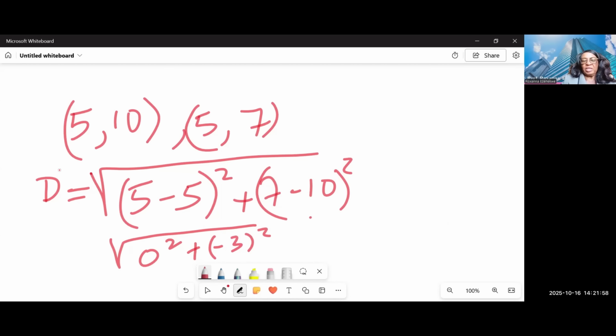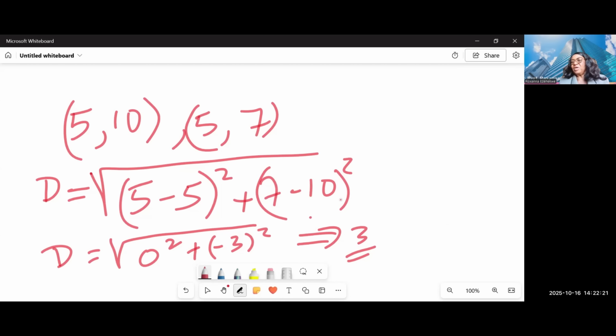That gives me the distance is the square root of 9, which is 3. So the distance is 3. So it's a vertical line, but I can still find the distance. So we found the slope, and we found the distance.